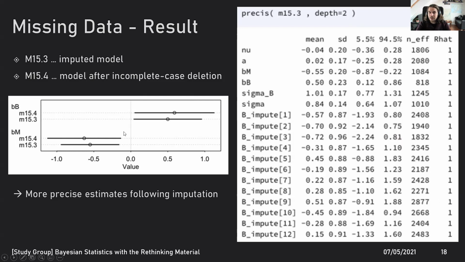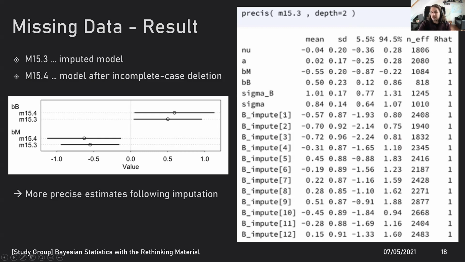If we just look at the coefficients and the plot of the posterior samples on the left-hand side for the imputation model M15.3, and the model after incomplete case deletion, which is the base model, the no-no basically, we can see that our estimates with the imputation model are much more precise than the complete case model because there is more information here that we're making use of.